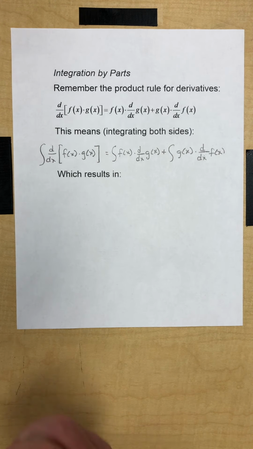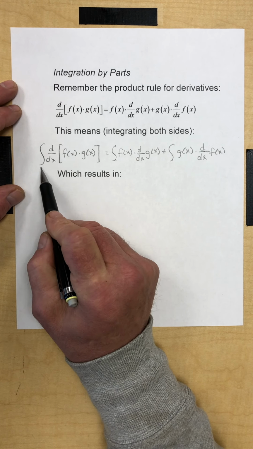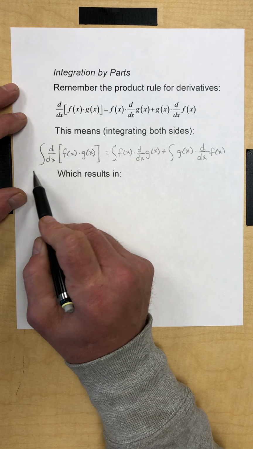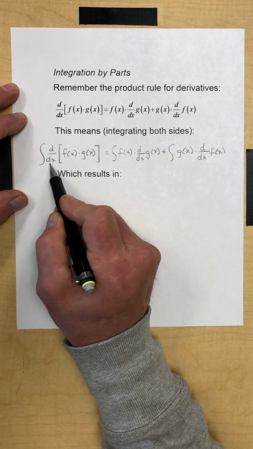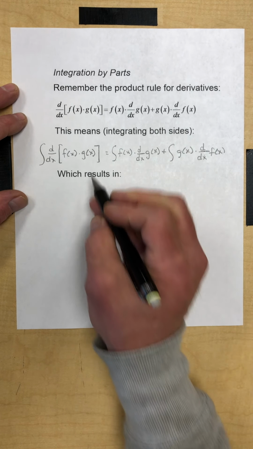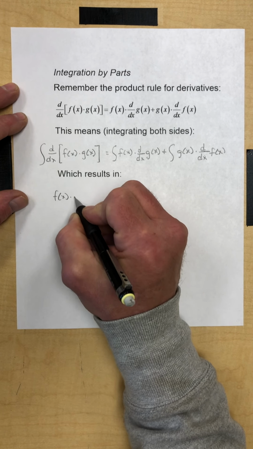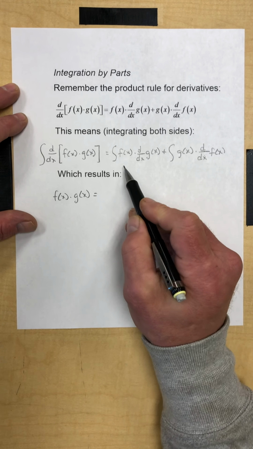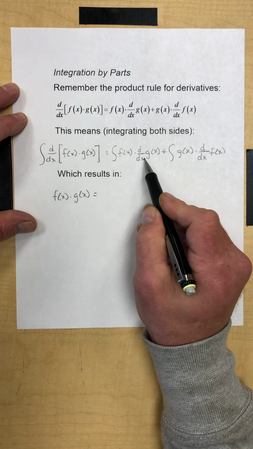Then we would have to clean this up a little bit. Integrating and taking the derivative, these two operations cancel each other out. One takes you one way, one takes you straight back. So those two operations cancel off. We're just left with the product of f and g. Then over here, to clean this up, rather than writing d dx of g of x, I can just write that as g prime of x.